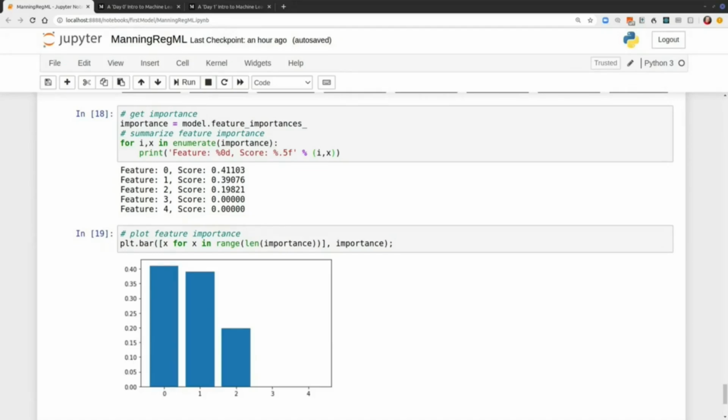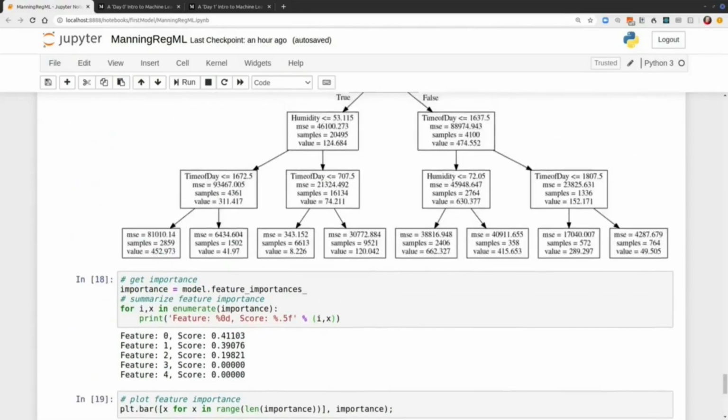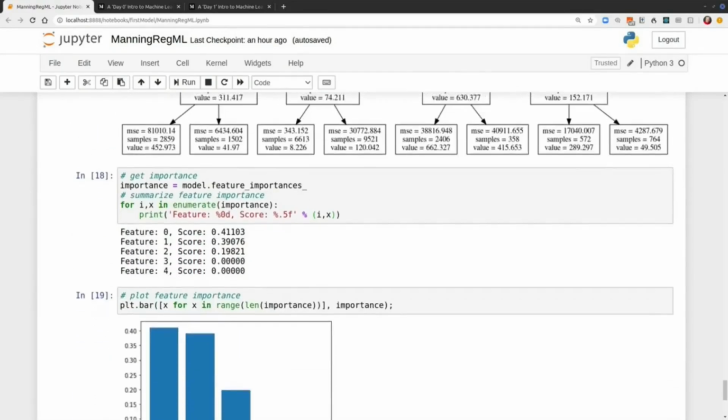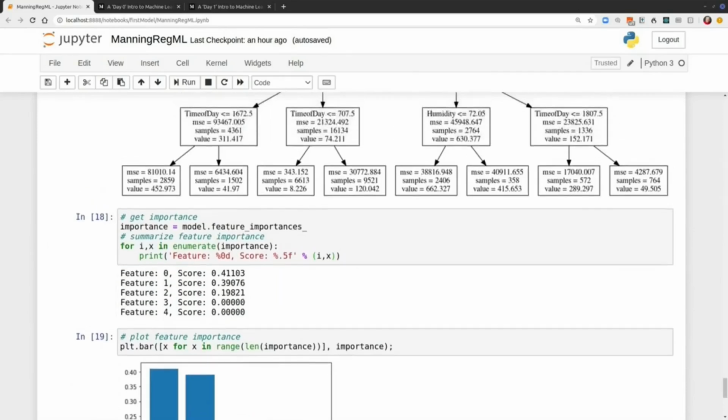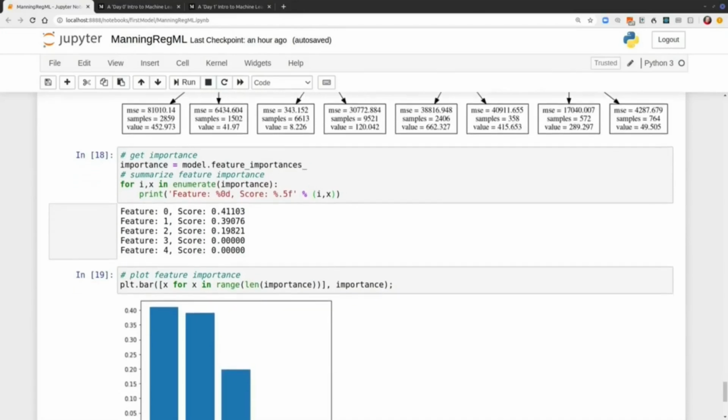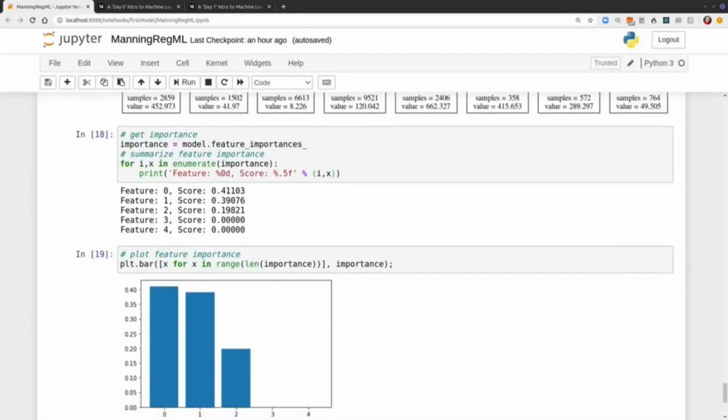The second one, humidity, was around 39, and then the last one, time of day, was around 19. You'd think time of day would have been the highest on here, and it's actually the lowest. Because I limited this to a certain depth, the last two were not utilized. The predictions were made after the third feature.